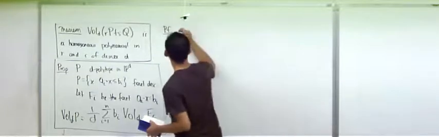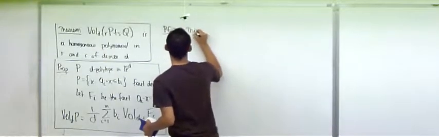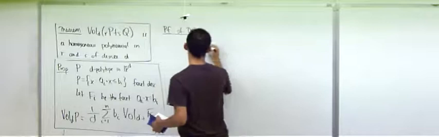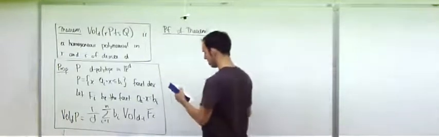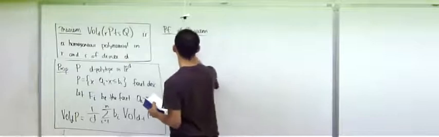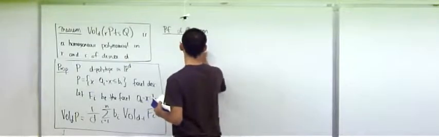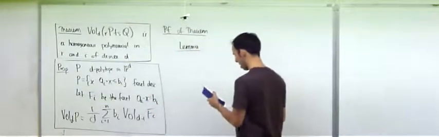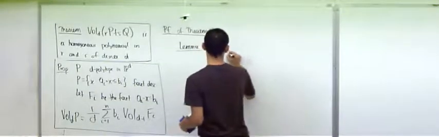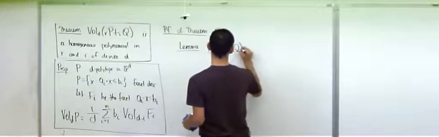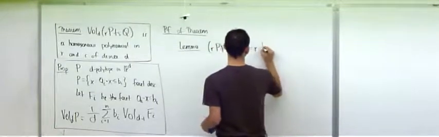So proof of theorem. Okay, well, before I prove the theorem, I'm going to need a lemma. And let me write it first in symbols, and then we'll talk about what this means.